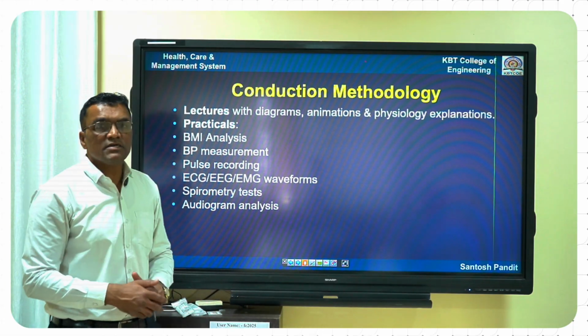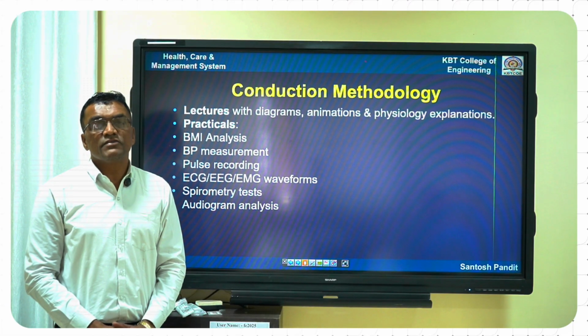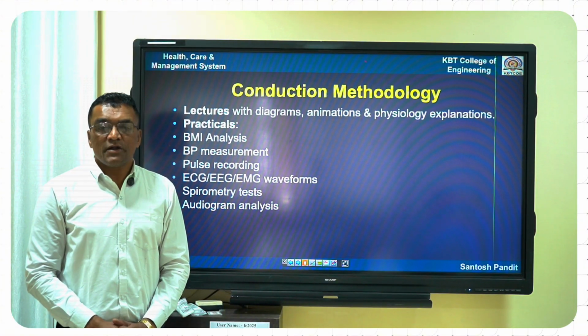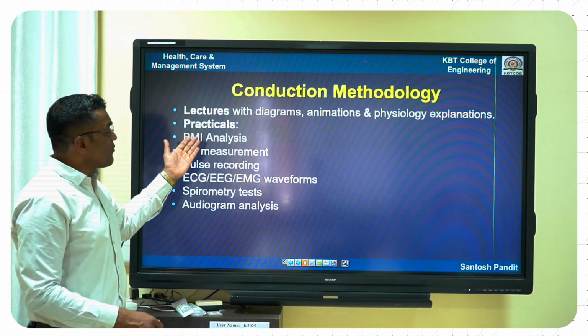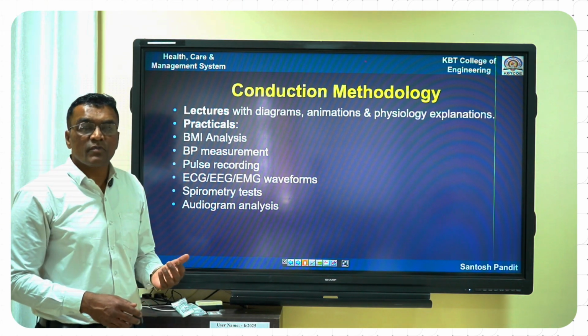Conduction methodology: here we will be focusing on theory along with practicals. We have all types of practicals in which we measure ECG, EMG, EEG, respiration, heart rate, blood pressure. So with the help of all the instruments we will be measuring all these parameters. Even audiogram we are performing in a hospital.